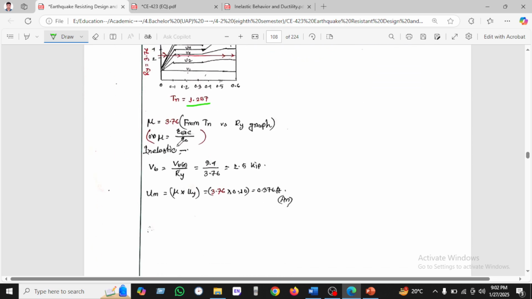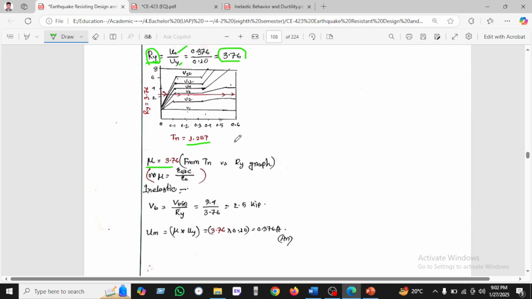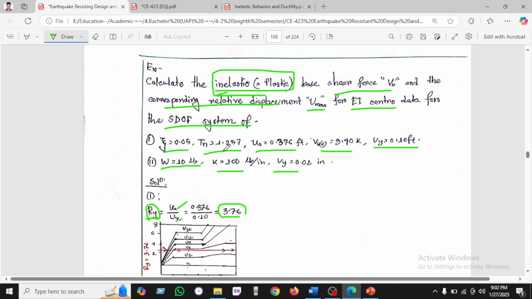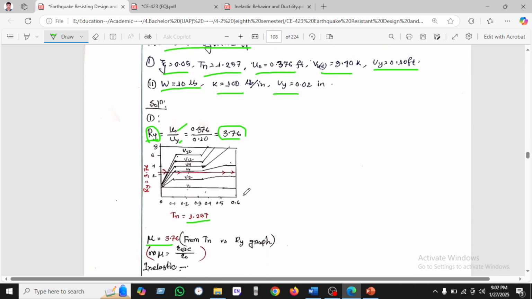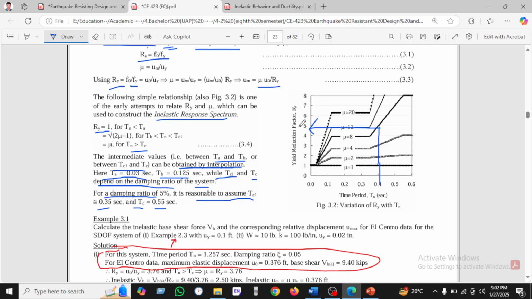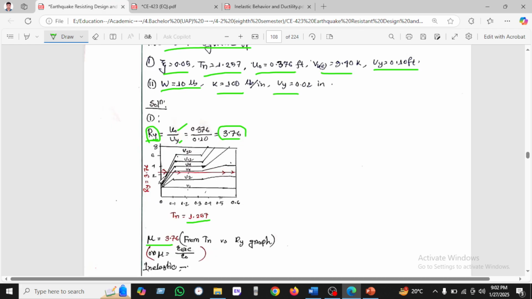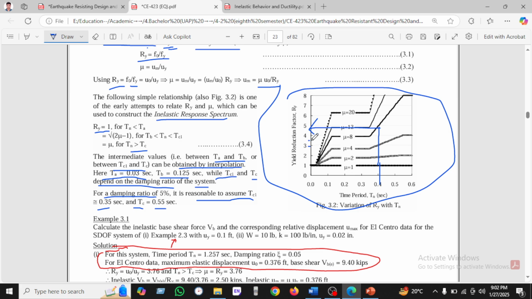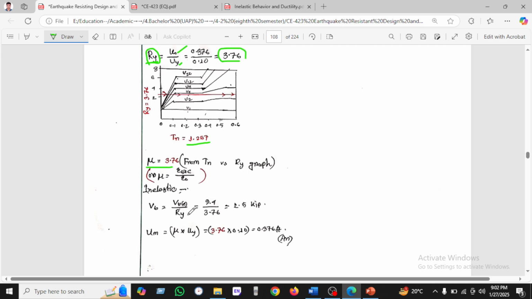Another, we can see here mu equal to 0.375, found from the Tn versus Ry graph. Tn is given as 1.275, and in this way Ry is taken from this graph. How will we get this? 3.76. So 3 is here, 3.76 is here, so we are getting the intersection at this point.